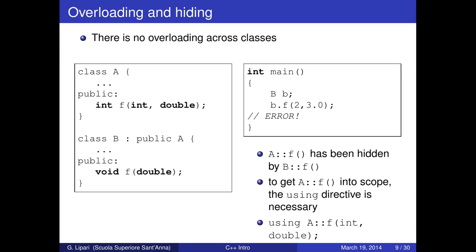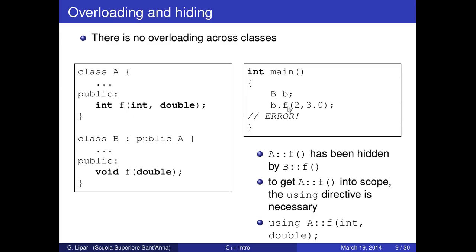There is no overloading across classes. Okay? So in particular, if you define f in class A which takes an int and a double, and you define f in class B which just takes a double, what happens is that the second f hides the first one.